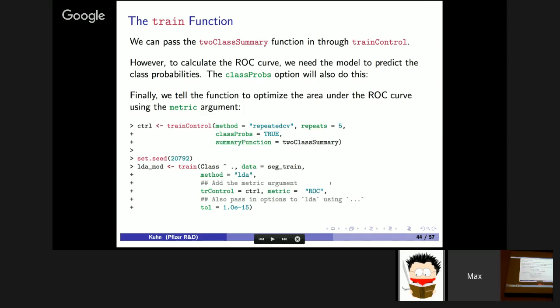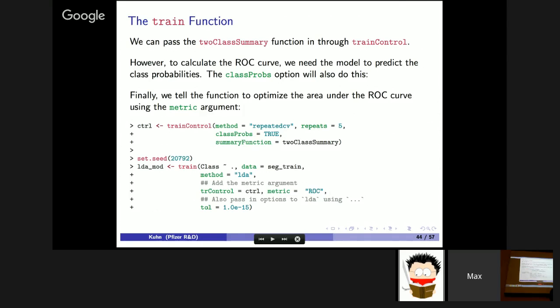One other really critical aspect of this is, these are all arguments to the train function that I've specified so far. We have the three dots, or the ellipsis, that go from the train function to whatever underlying model you're fitting. And so in this case, remember in LDA, since I have a high correlation between some of the predictors, it'll throw a warning saying that, hey, some of these things are linearly dependent.